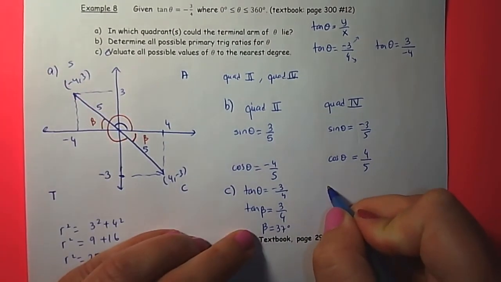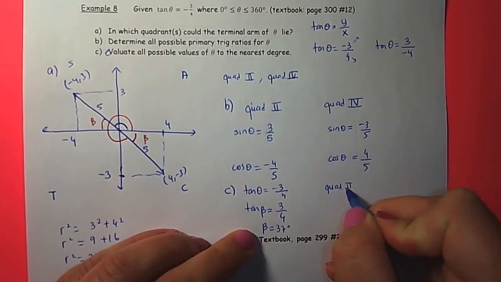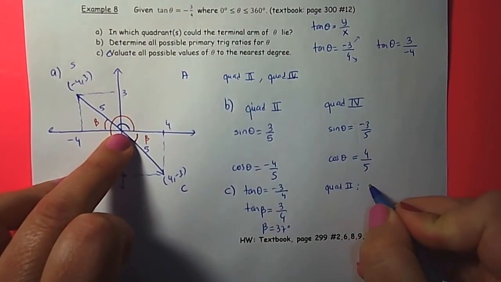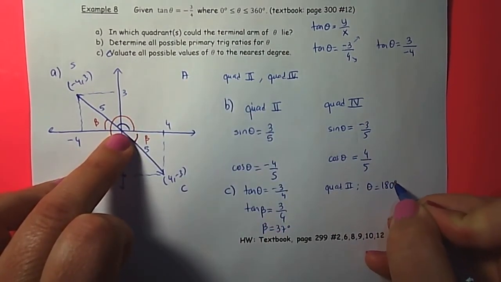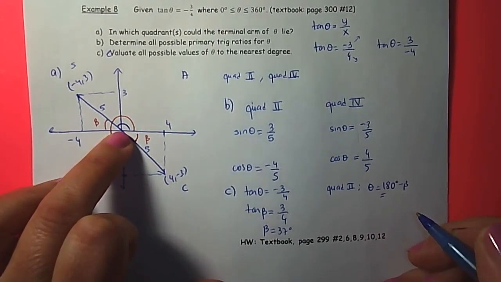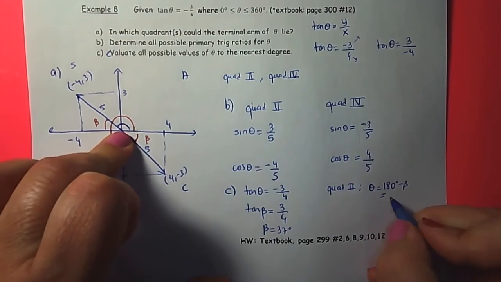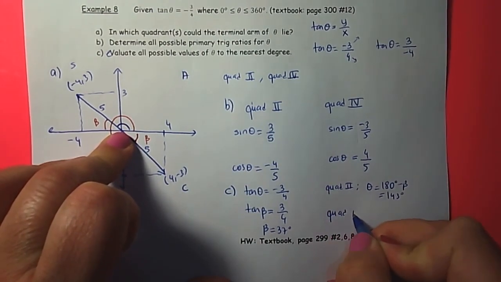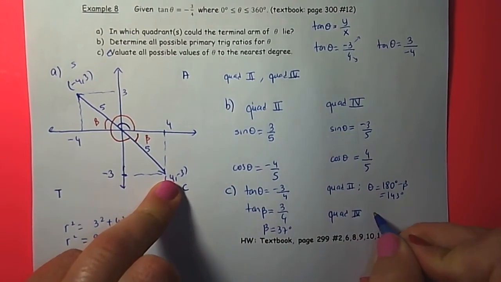So let's find the theta that is in quadrant 2. That is going to be 180 minus beta. So subtract 37 from 180. We get 143. Let's look at the other angle that is in quadrant 4.